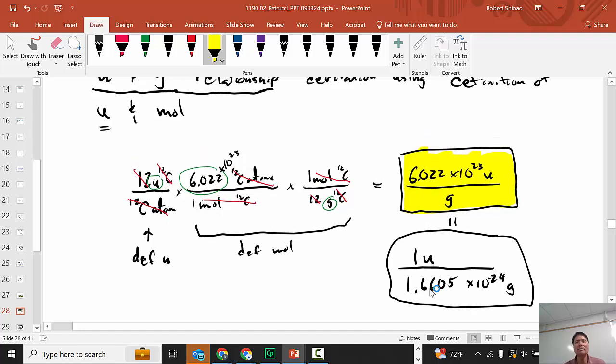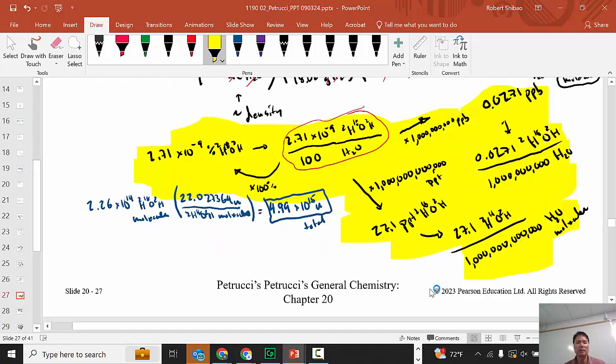And so let's go back to the previous problem. In this problem, I'm going to take my 4.99 times 10 to the 15 U, and then I'm going to convert that into grams.